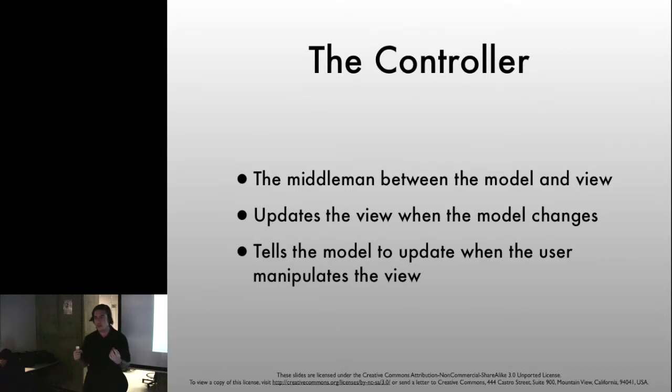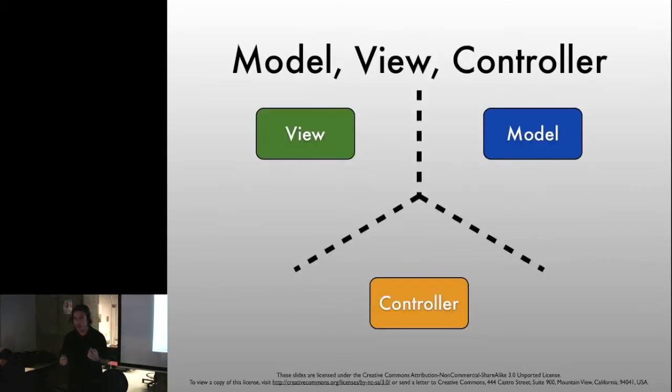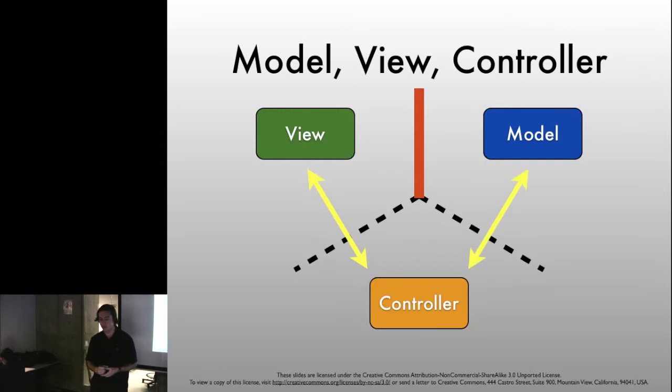So the view and the model aren't really supposed to communicate directly. If we imagine three parts of our application, the model, view, and controller, you should imagine a brick wall between the view and the model. They shouldn't communicate directly, but they can communicate through the controller in the middle.